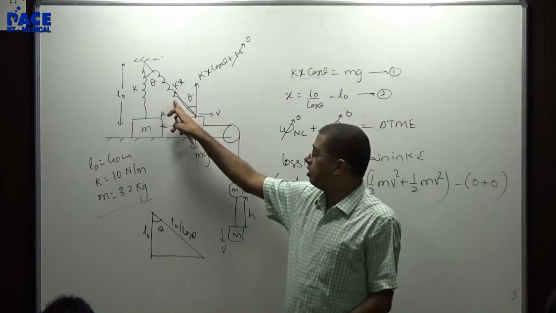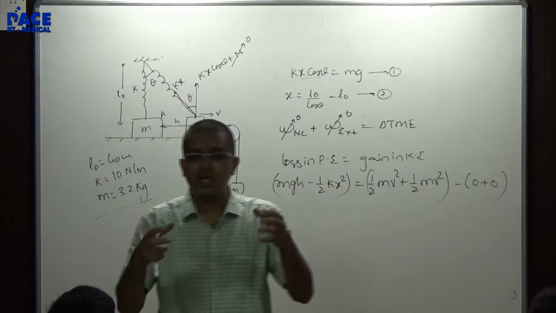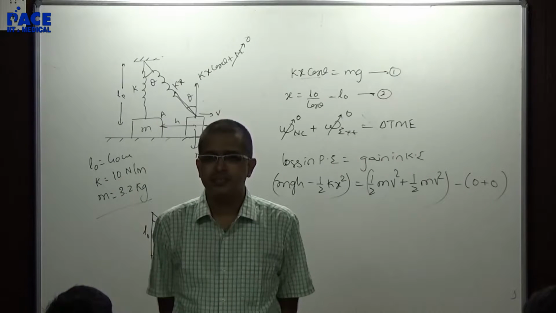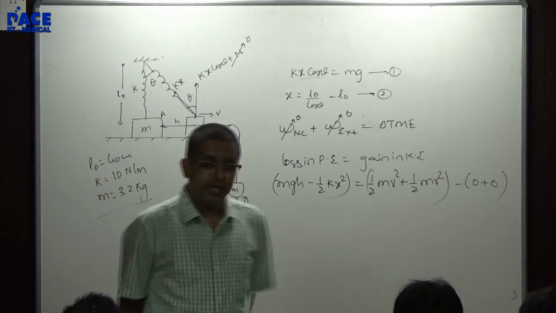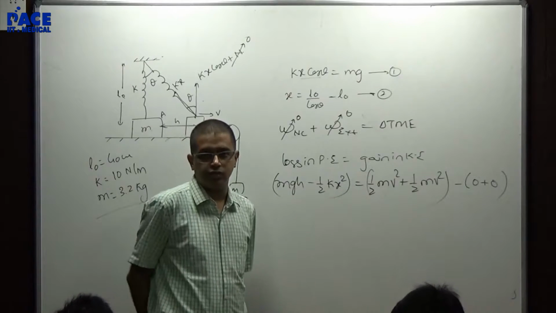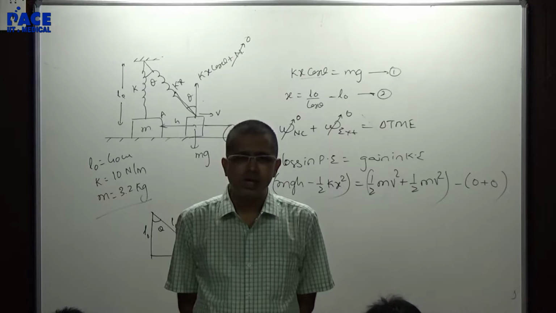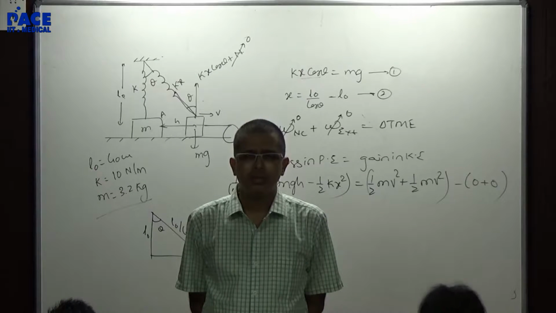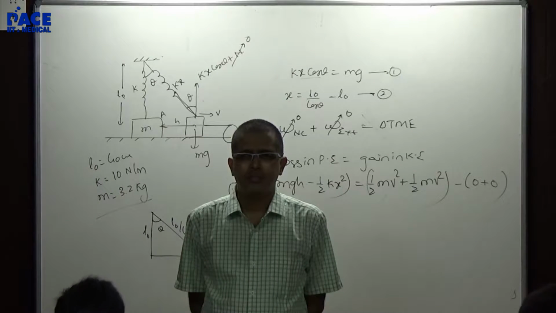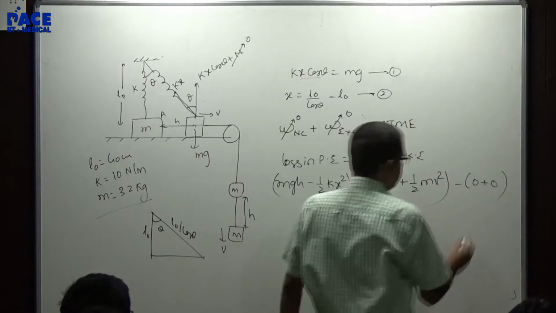Half kx square is the gain in potential energy of the spring. When you are stretching a spring, potential energy is gained by the spring. So the net total loss will be loss minus gain. So what is that? Minus 0 plus 0, the initial kinetic energy of the blocks.